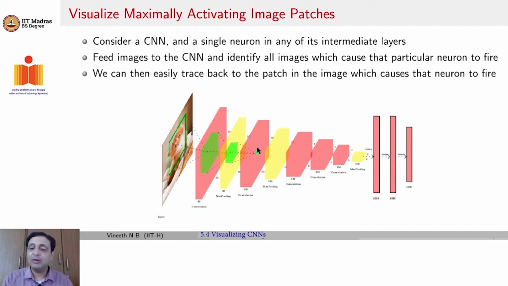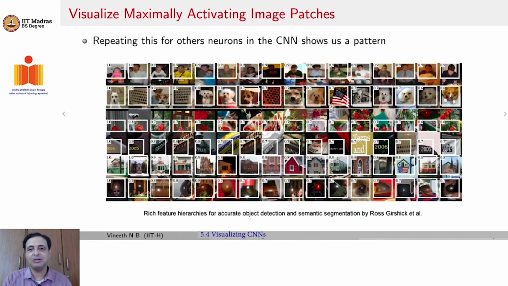Now, if we took images and tried to understand which of them caused a particular neuron to fire, you end up seeing several patterns. In this set of images, each row corresponds to one particular neuron that was fired, and the set of images and the region inside them, which is shown as a white bounding box, caused that neuron to fire.